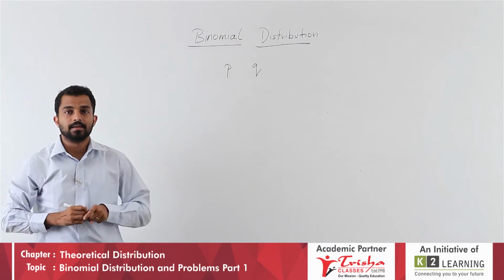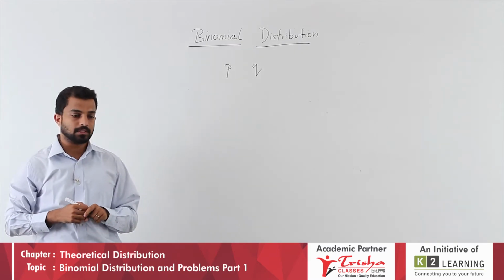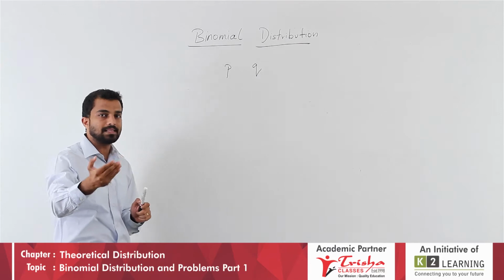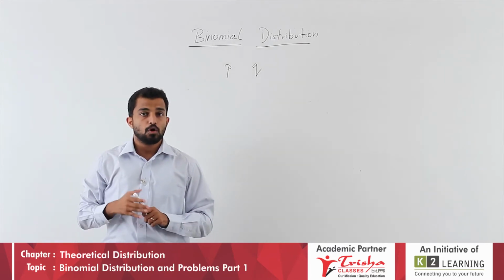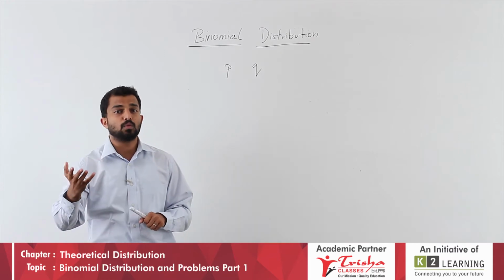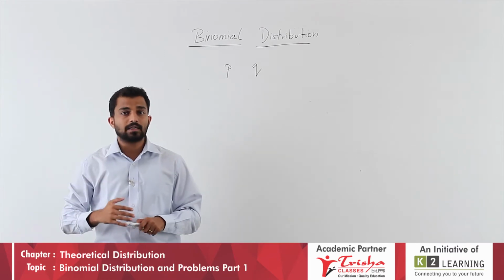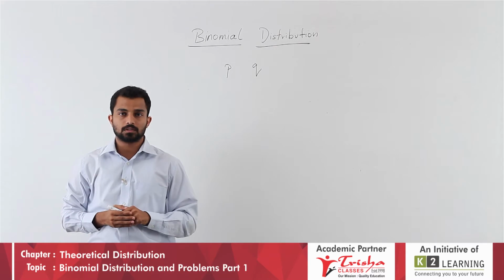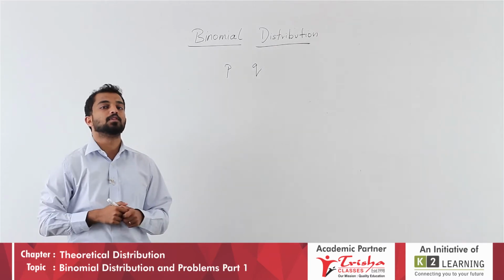But here, in binomial distribution, we go one step further, that is, what if 10 coins are tossed? What if 20 coins are tossed? What if 25 coins are tossed? What happens that time to the probability?